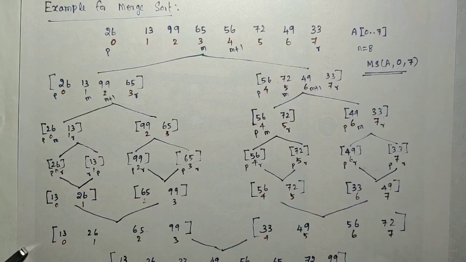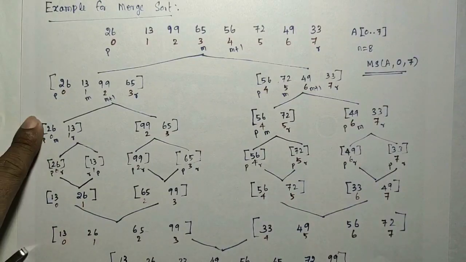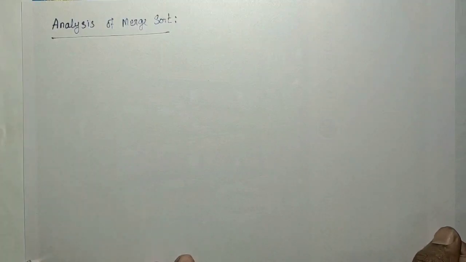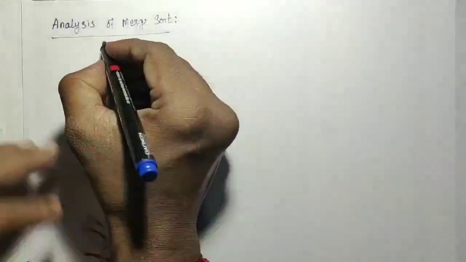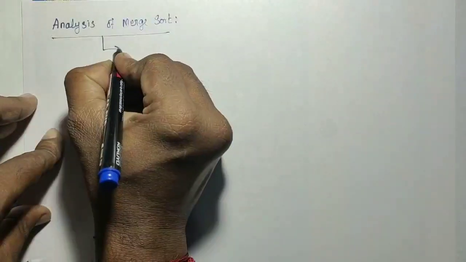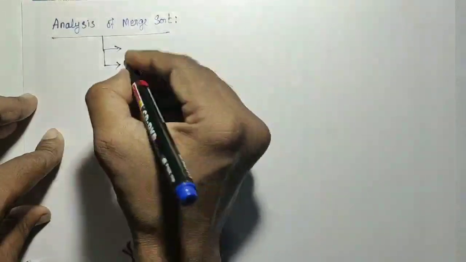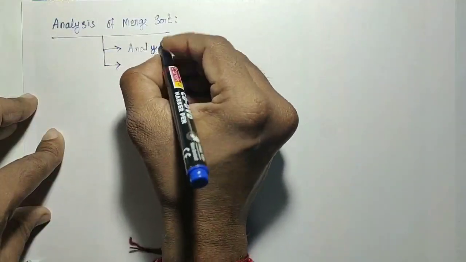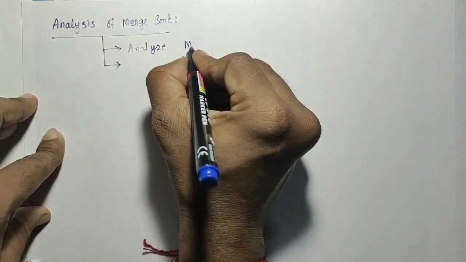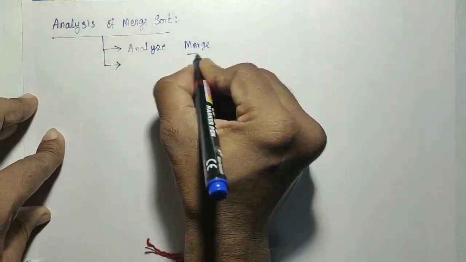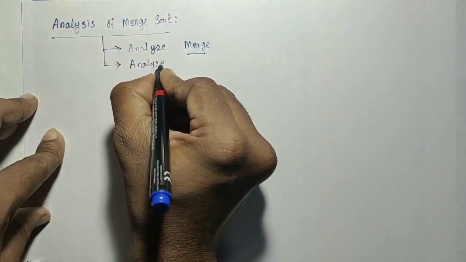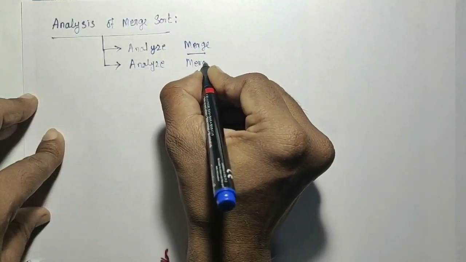So next we will discuss the analysis of the merge sort algorithm. In analyzing merge sort, we have two algorithms in that: one is to analyze the merge algorithm, and the next one is to analyze the merge sort algorithm.